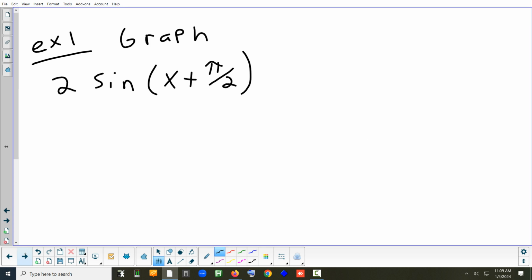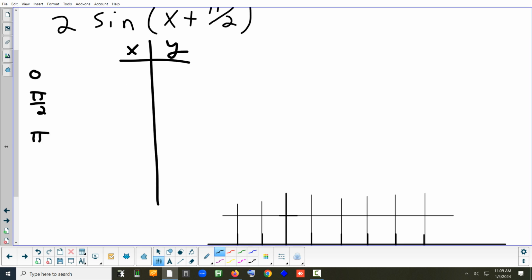All right, so let's make a table. Now, normally I would write down the values that are going to stay the same. Nothing's going to stay the same. The x's and the y's are going to change. So let's put the x's off to the side. Pi over 2, pi, 3 pi over 2, 2 pi.